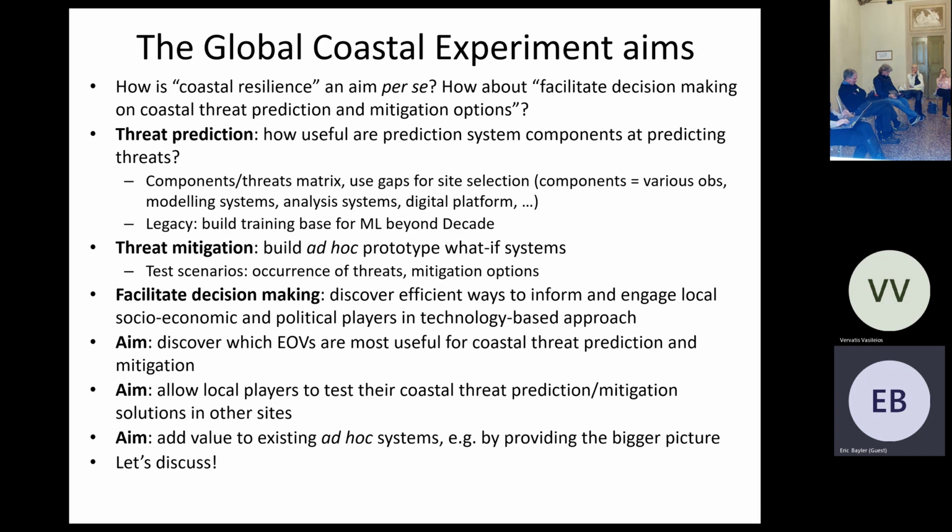So is the experiment to do research and development, or is the experiment, from my perspective, how to implement an operational value chain from the predictions within the coastal regime?